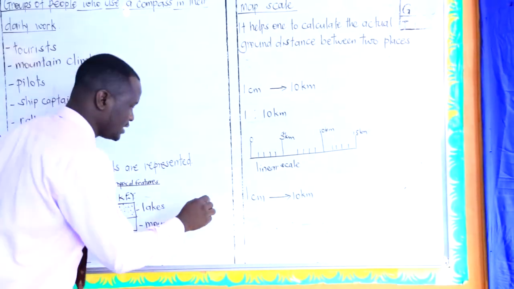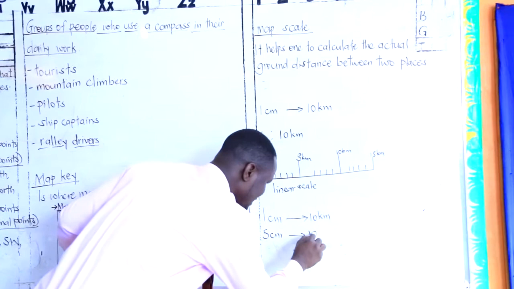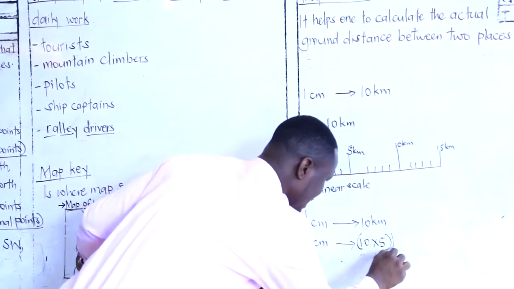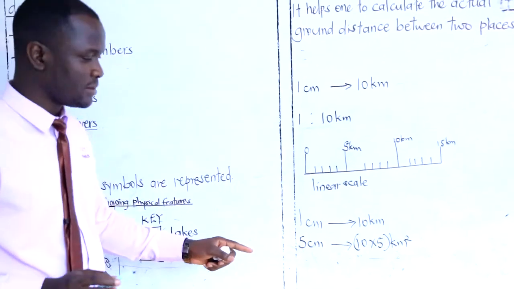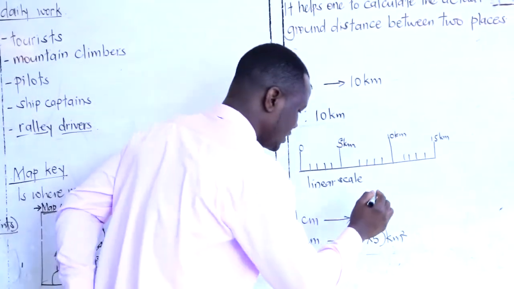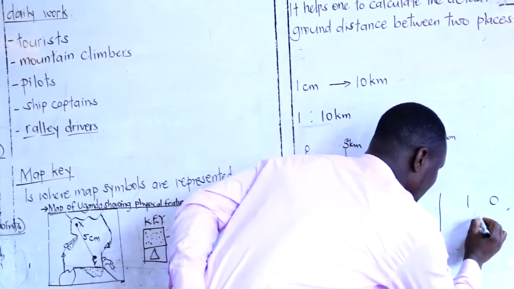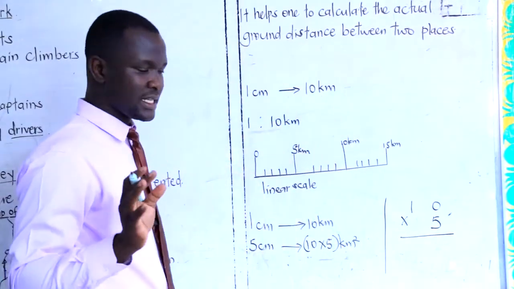So we shall say the 5 centimeters will be the 10 kilometers times the 5. Now we shall have this in square kilometers. With our simple mathematics, you can have it on this side as your side graph. You can say 10 multiplied by 5, so that you get the accurate answer.